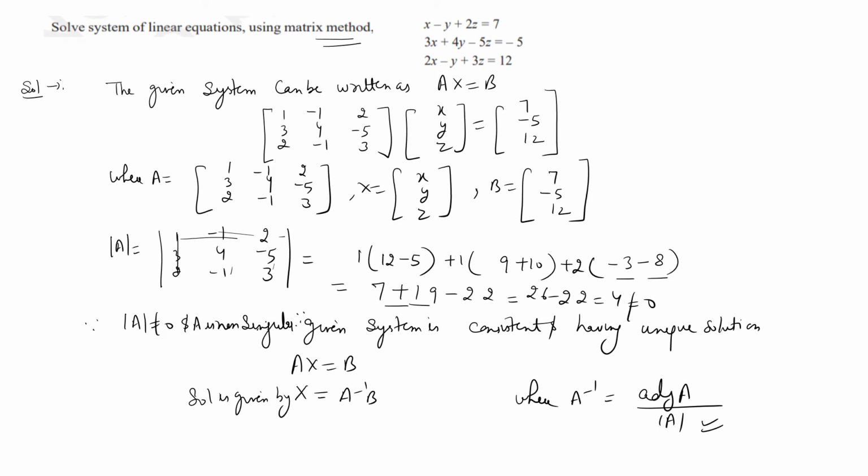Whereas in case number 2, division by 0 is not possible, right? So that's why this matrix method is applicable when the determinant of this matrix is non-zero, okay? Which is not equal to 0 means the matrix is non-singular.